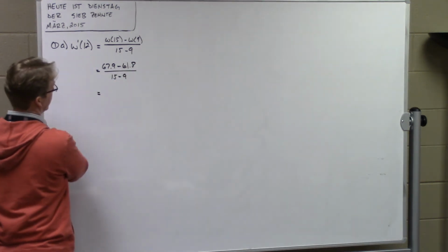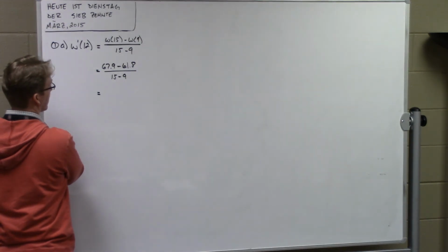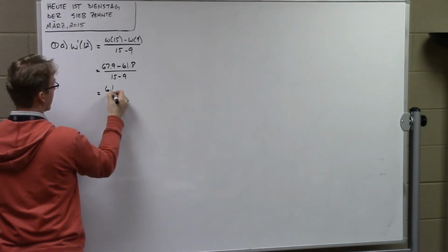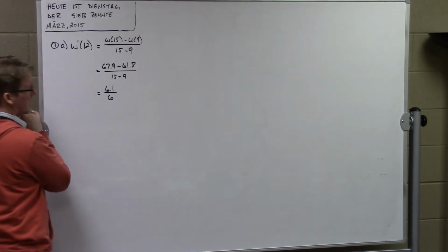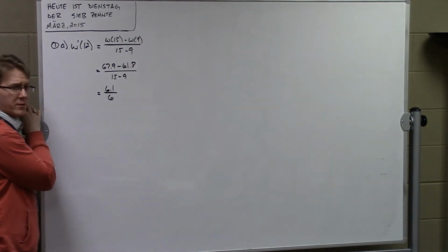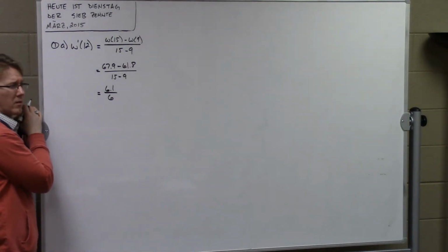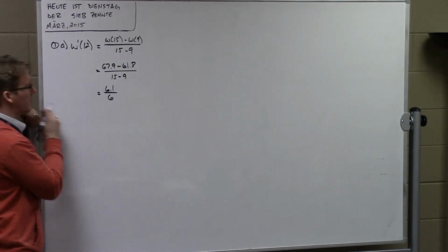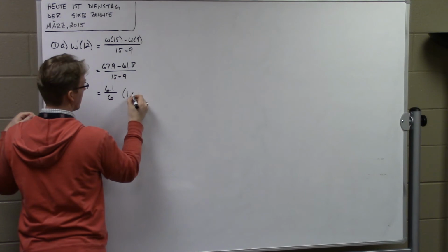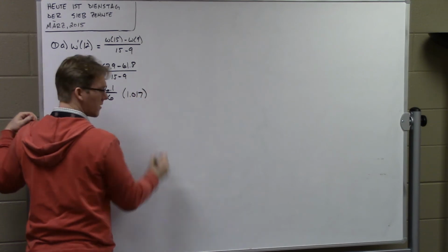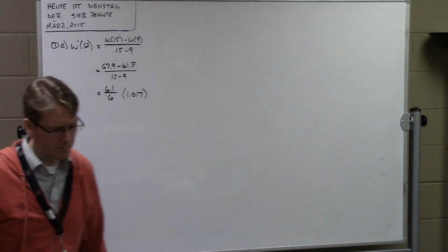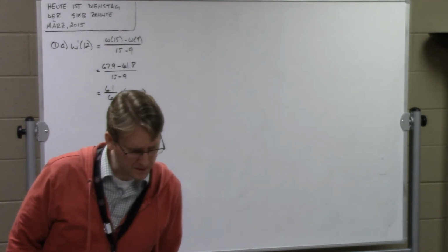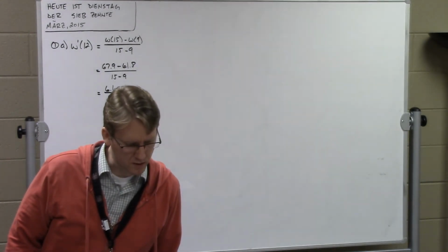Okay, so that gives us 6.1 over 6. That's an acceptable answer if you really want to leave it that way. I think the decimal is like 1.016 or 1.017, something like that. Actually, how to interpret it. Show the computation that leads to your answer.